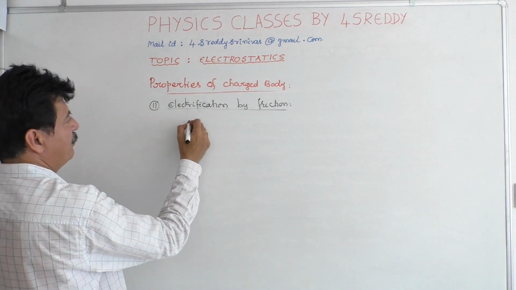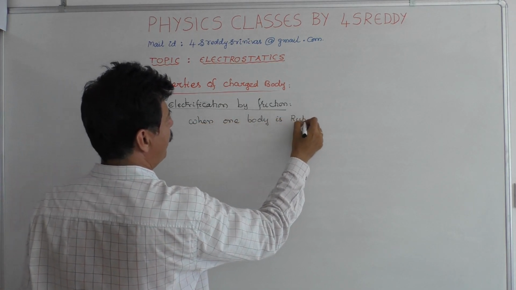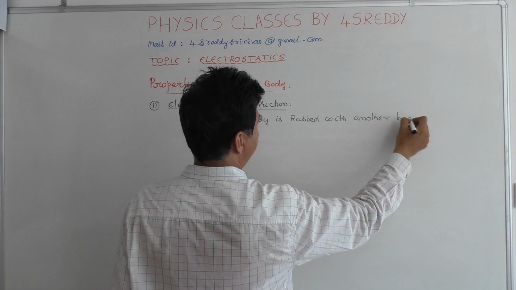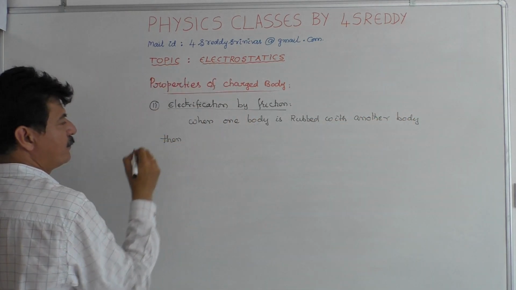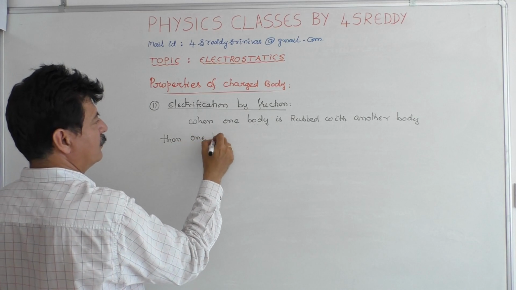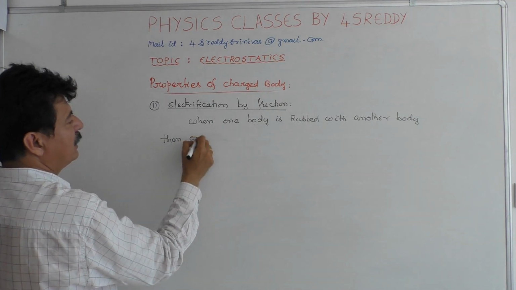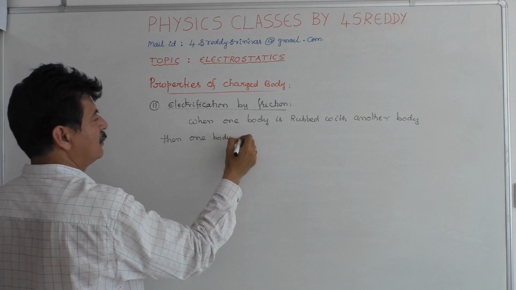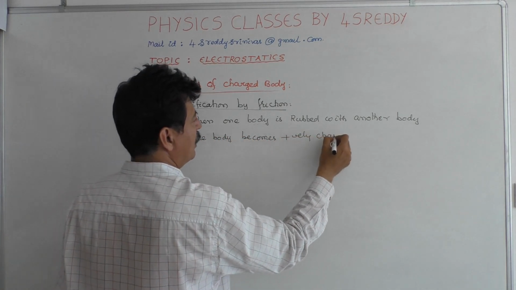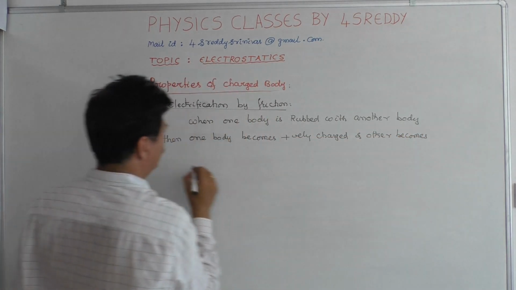So, electrification by friction means when one body is rubbed with another body, then one body becomes positively charged and the other becomes negatively charged.